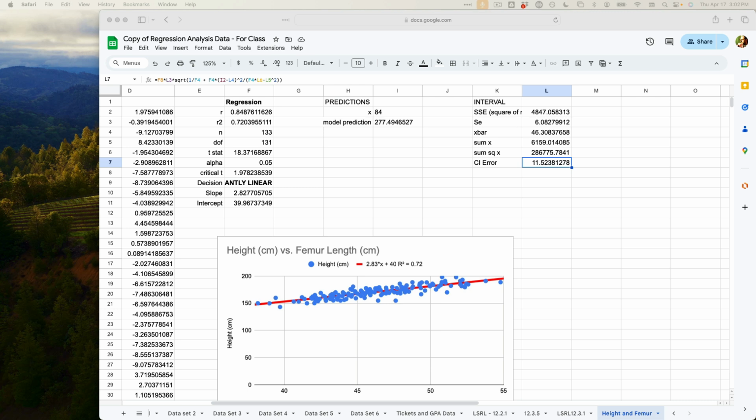It's F8, the critical T, F8 times L3 times square root of, okay, square root times F4. I think I have a mistake here because this is too large, I think, over F4.